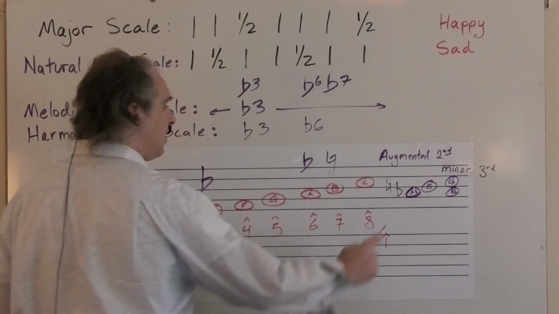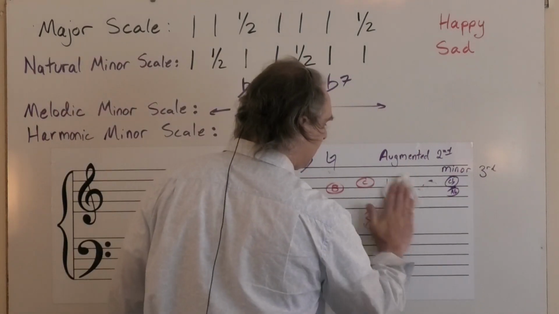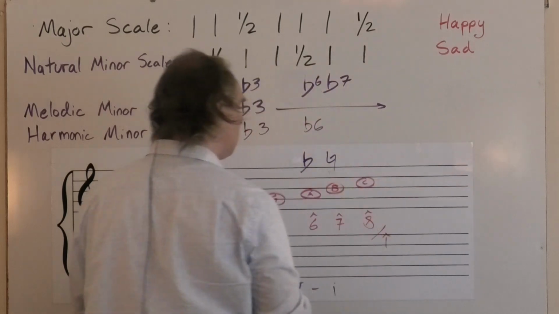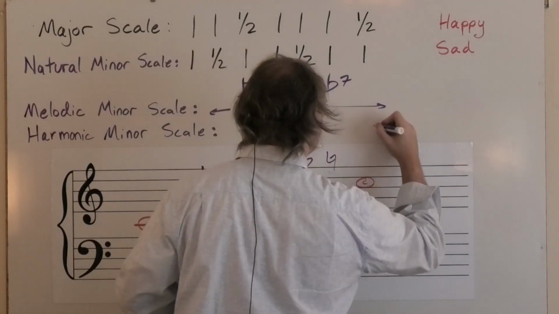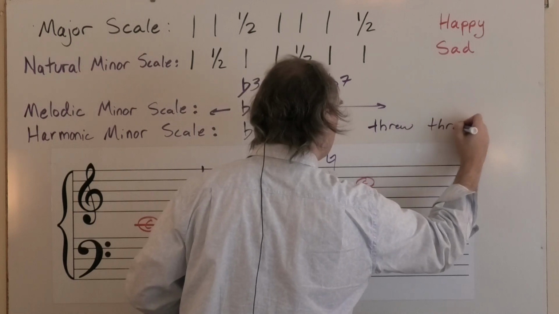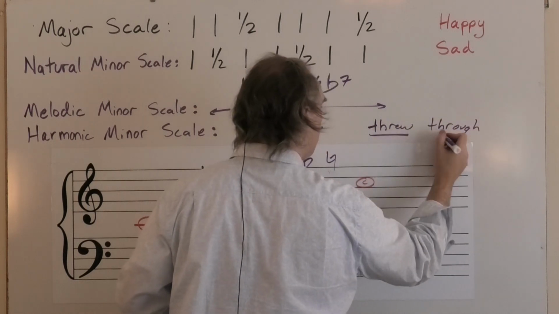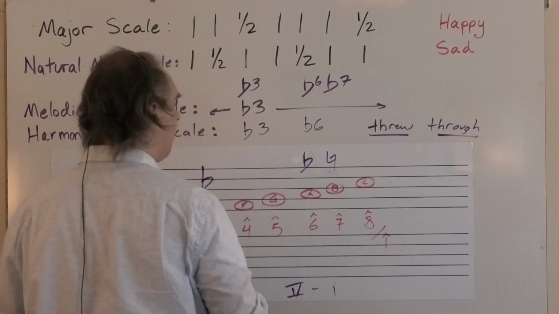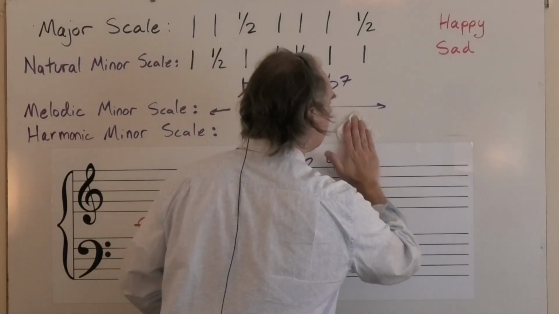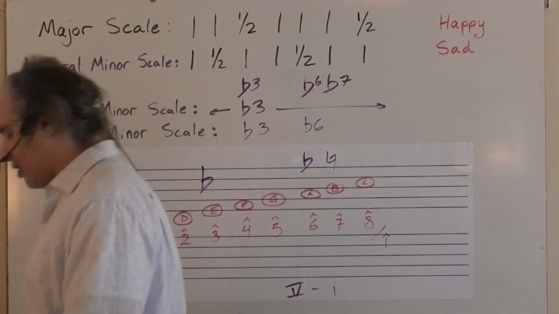Same notes, different spelling. It's like the word through, right? He threw the ball through the window. They're homophones. T-H-R-E-W, T-H-R-O-U-G-H. That's called a homophone. Homo meaning same, phone meaning sound. Same sound, different spelling.